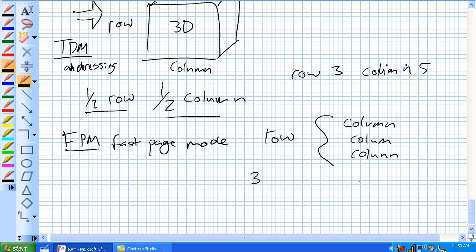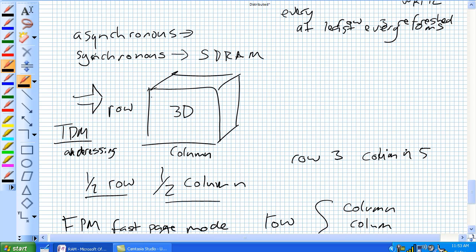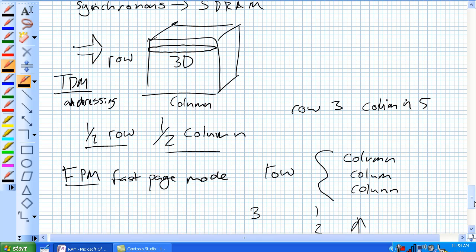FPM, in contrast, is row 3, column 1, column 2, column 3, column 4, and so on up to 1024. Basically, it's saying take all the columns in that whole row, that whole street. And that street happens to be called a page. You're taking every column in that row. That's a page. Okay, that's basically making your addressing scheme a lot faster.